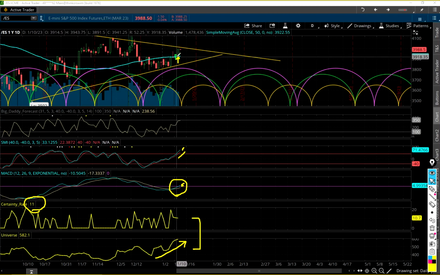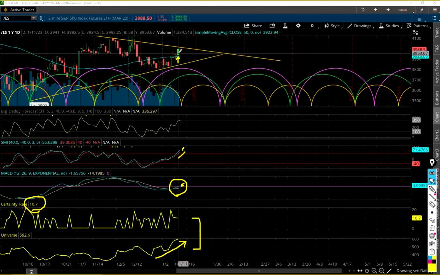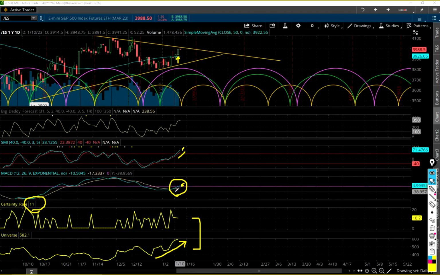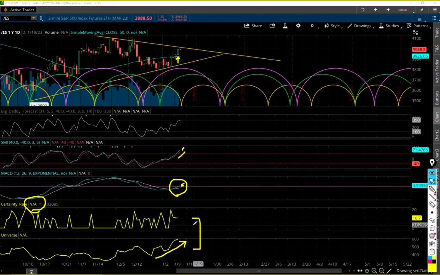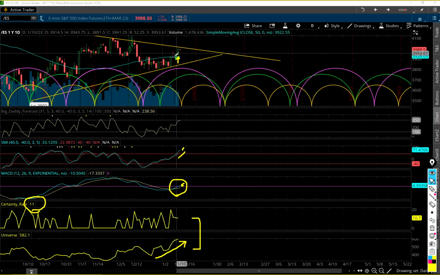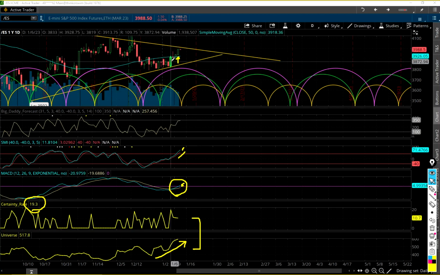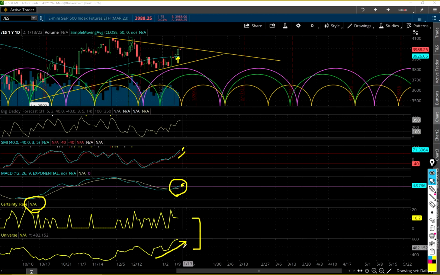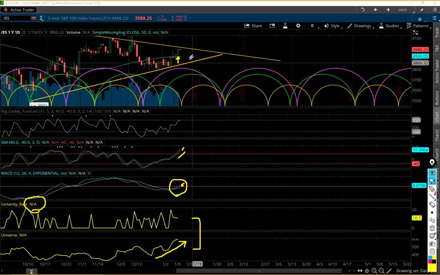The 11, another 11, a 10. So in this case, because the MACD was looking pretty strong, crossing over, I felt like the certainty rates we were getting were just a continuation of that 19.3. Okay, so that's how I made the second trade.